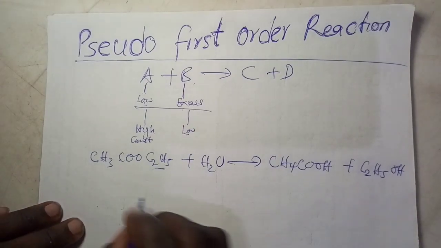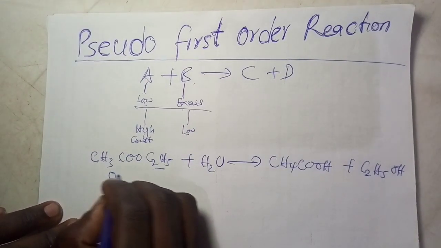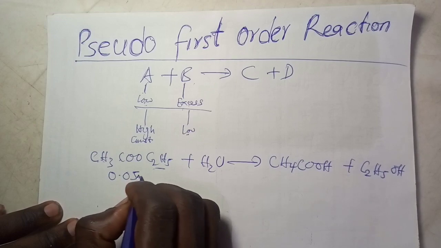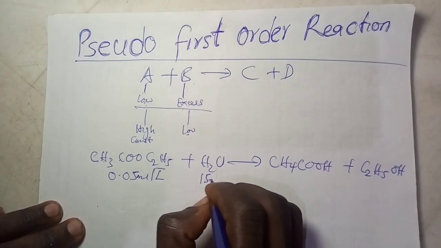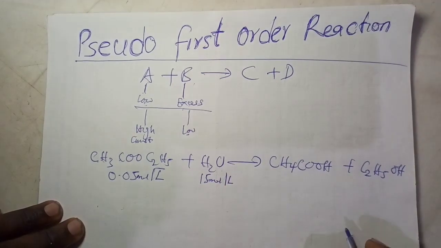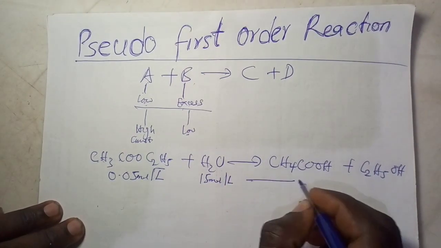Let's say the ester concentration is 0.5 mole per liter and water is 15 mole per liter before the reaction.